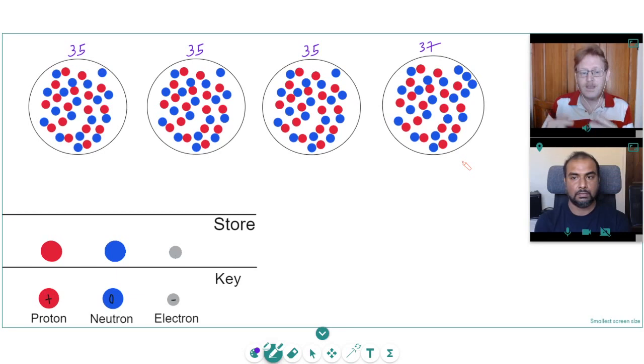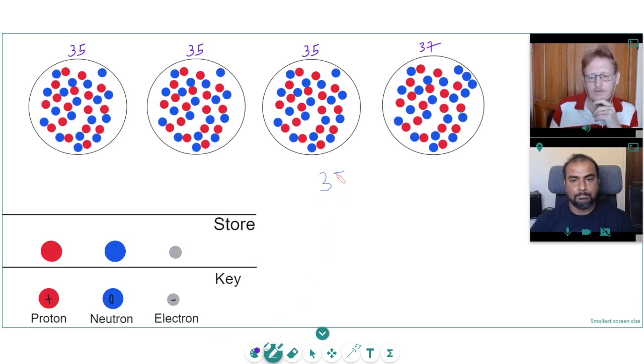Rather than adding up each individual blue and red dot there, which could take us quite a while, we know that 3 of them have 35 particles and the last one has 37. So we could simply add up 35, add 35, add 35, so that's our 3 chlorine 35 nuclei, and a 37, and then simply add all that up.